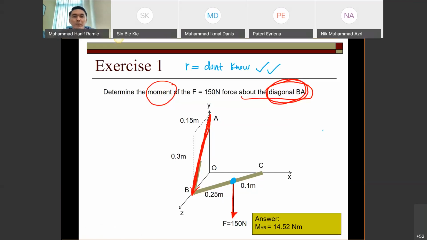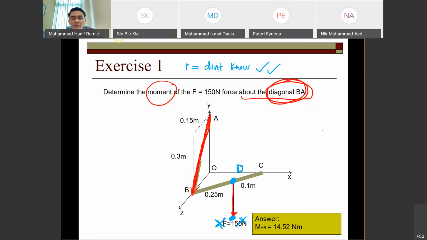This one is not given, so we cannot use this point to get R. The end point of the force is not given. But the first point here, for example I put it D, is given. You can determine the D there.